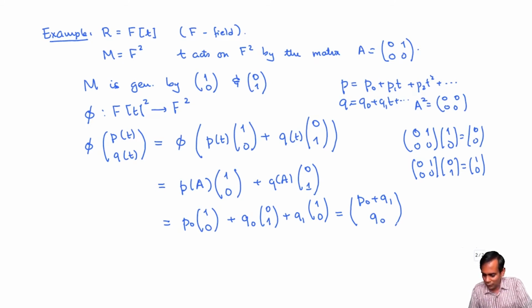And from this you can easily see what it means for a polynomial to be in the kernel of phi. If p(T), q(T) is in the kernel of phi, then firstly q0 has to be 0. So that means that the polynomial q has to have constant term 0, which means that it is T times some other polynomial. So let's just start with that, kernel of phi.